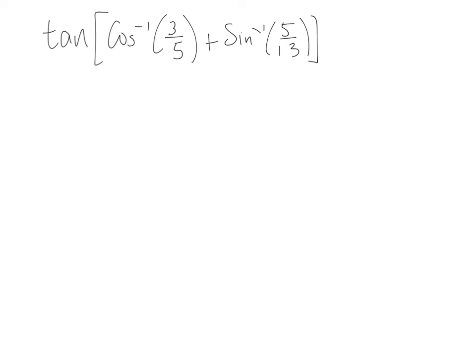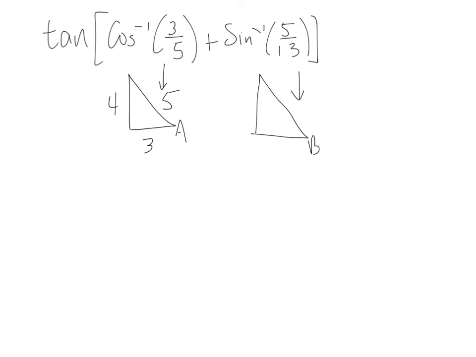So let's make a triangle for these. Let's make this angle A for here, and then we'll make this angle B for here. So the cosine of A is just 3/5, so this would be 4. Same thing over here. Sine of B is 5/13, so it would be 5, 13, and then 12.